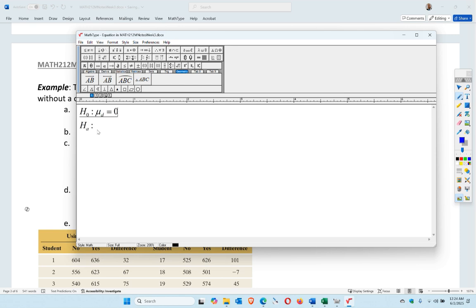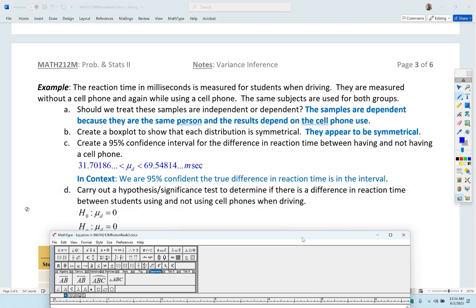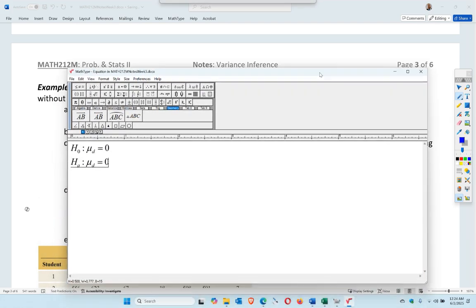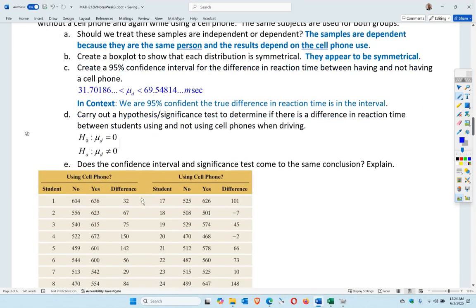That's what the null is. H sub A: we're just saying there is a difference, right? We don't care if it's less than or greater than, so we're going to say not equal to, basically.